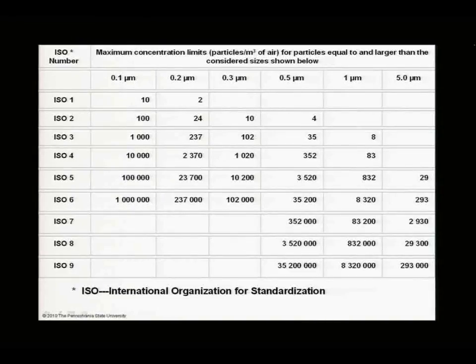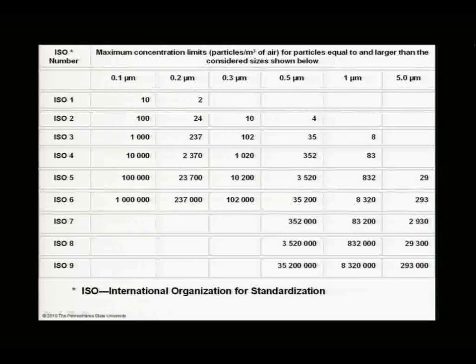There can't be more than 10 particles that are 100 nanometers or larger, and there can't be anything more than 2 particles that are 200 nanometers or larger. So very stringent conditions, and you can see this goes all the way up to ISO standard 9.